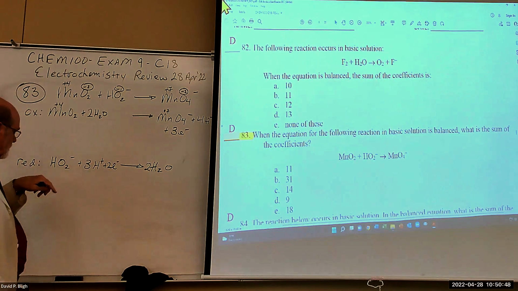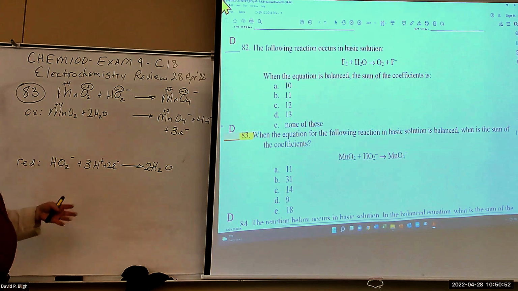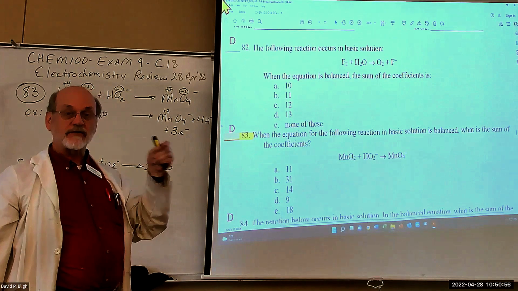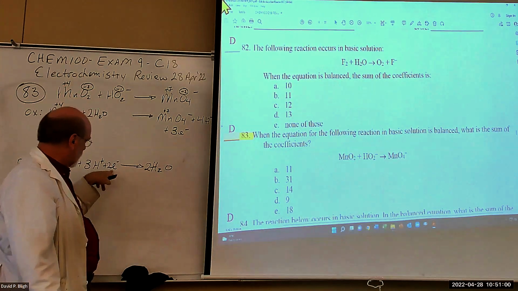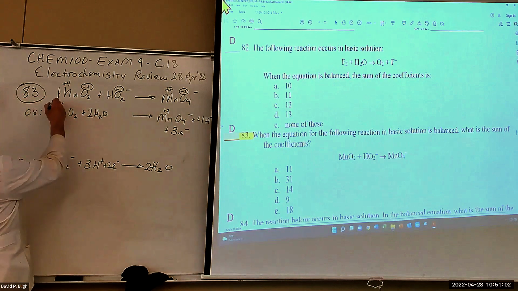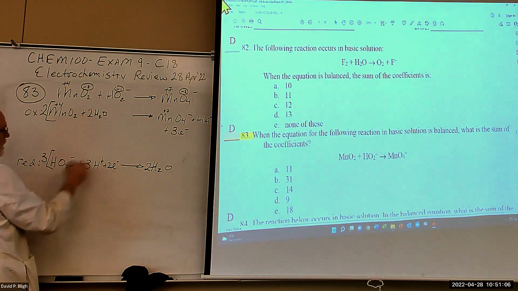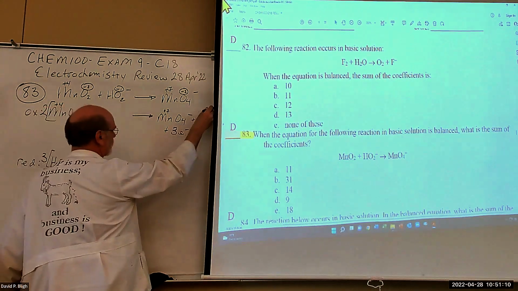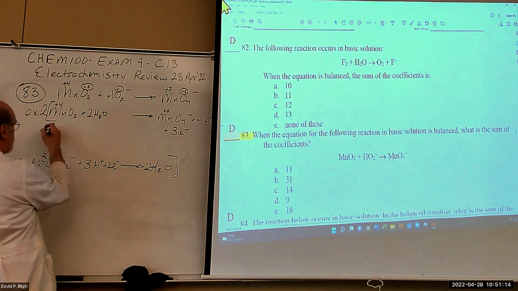There we go. Now instead of multiplying one of the equations by a number, we have to multiply both of them because this one's got an odd and this one's got an even. So this one has to be multiplied by 2. And this one has to be multiplied by 3. All right. Now we're on track.